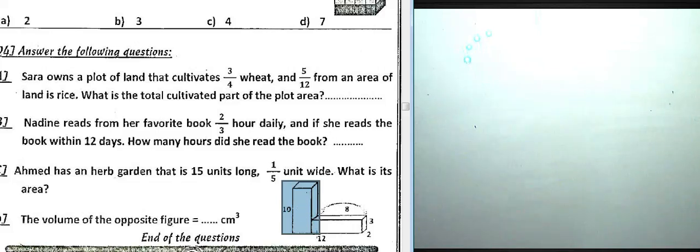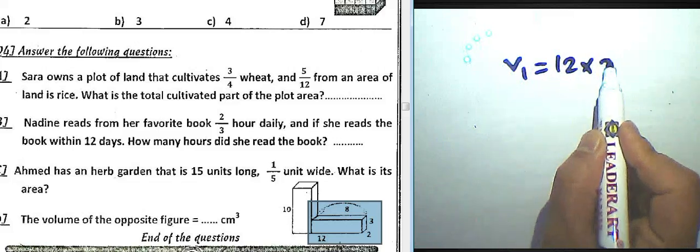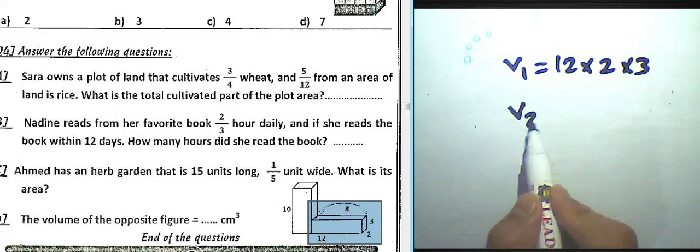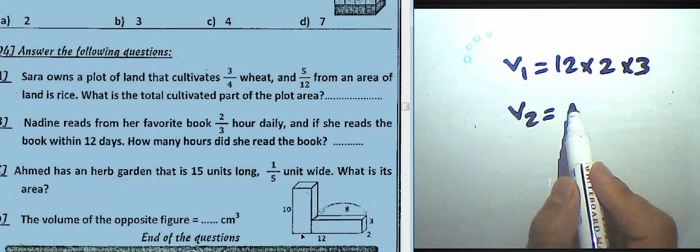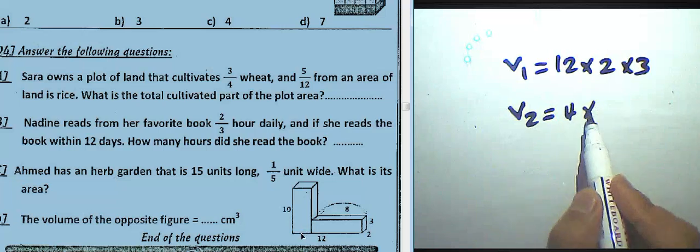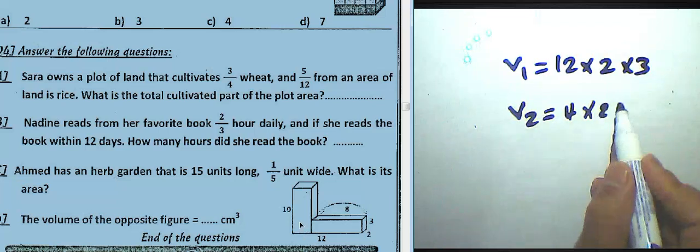We have length and width and height, and for this cuboid, volume 1 will be 12 multiplied by 2 multiplied by 3, and for volume 2, look at here, the height here is 10. Okay, and the base is 12. 12 subtract 8 equals 4. This side will be 4. Then you can write 4 as the length. Okay, and the width was 2. 4 times 2 times 10.